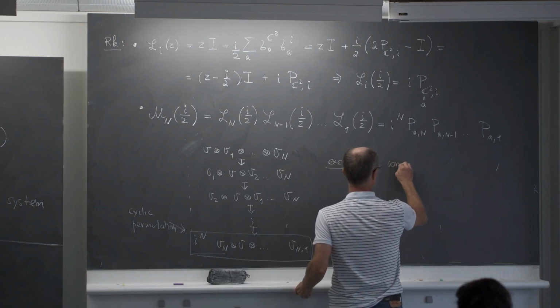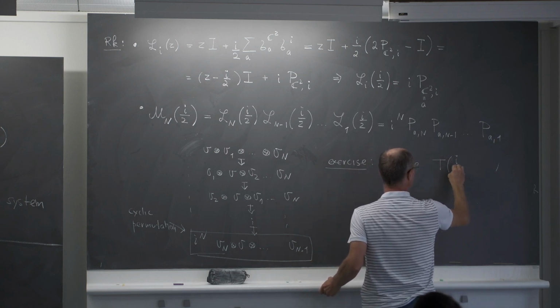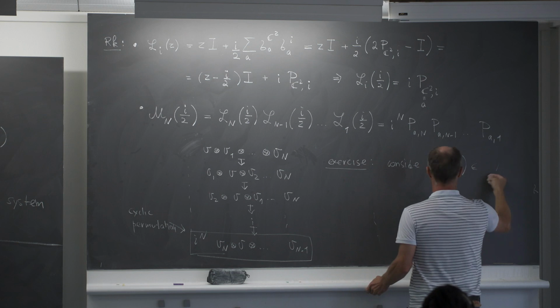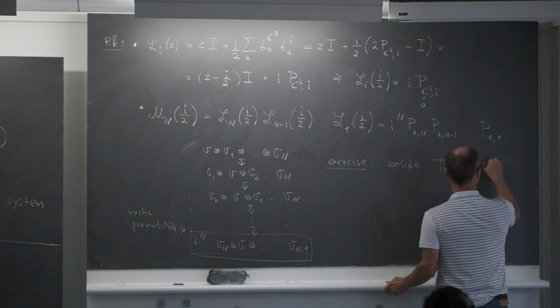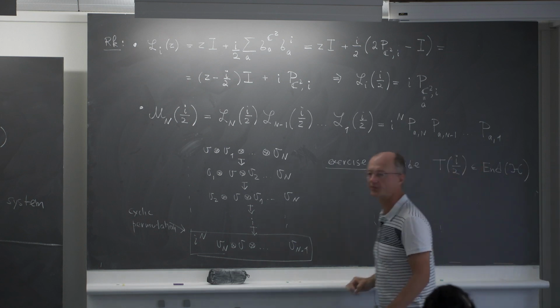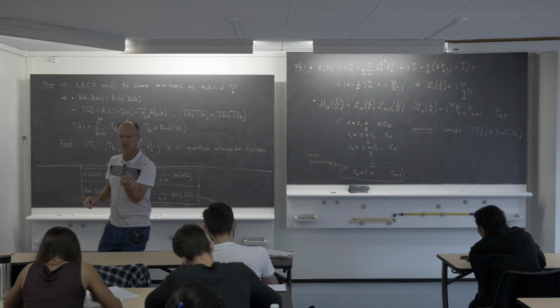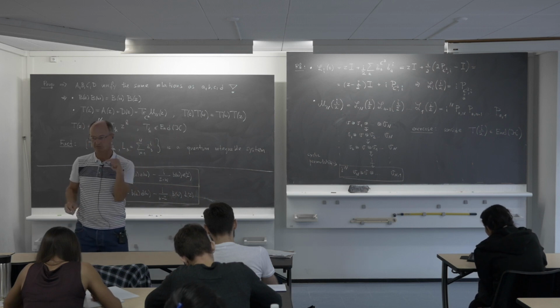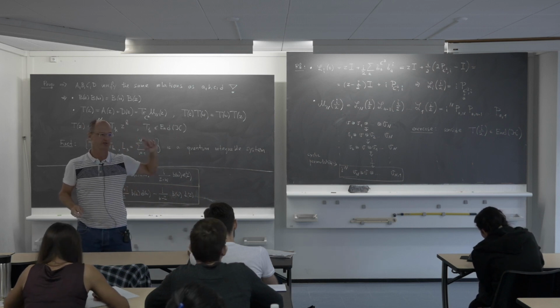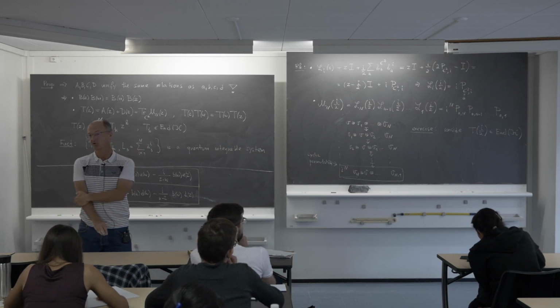So let's consider T at that special point, i/2. That's now an endomorphism of H. Now, what's your guess? You have a cyclic permutation, and you take a trace of it over the first space. What are you going to get?